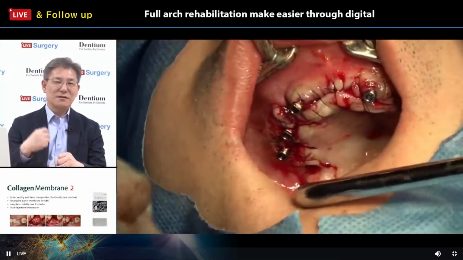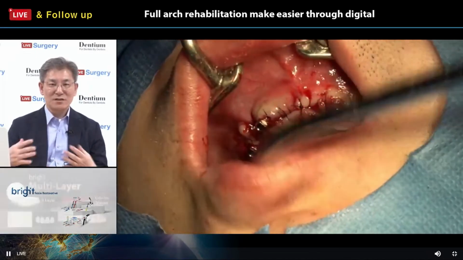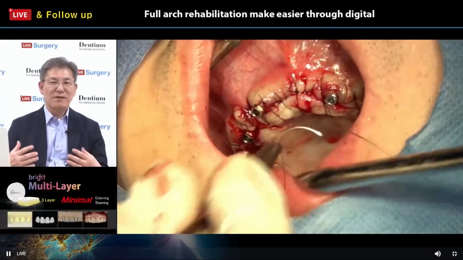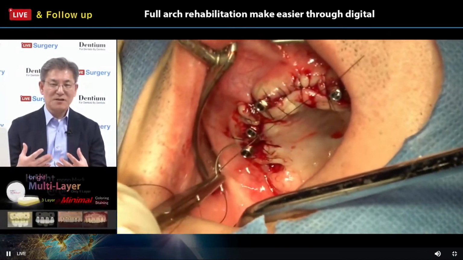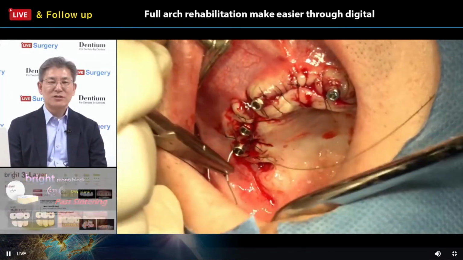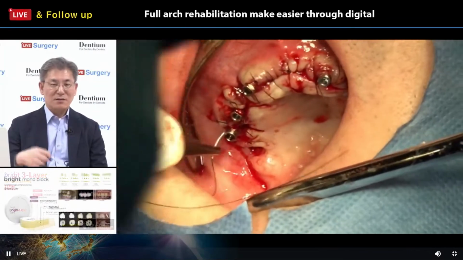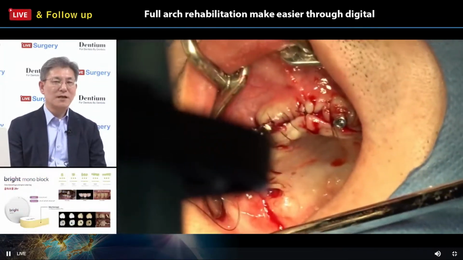And then the final result was achieved with the surgical stent. And at surgery time, we just adapt the surgical stent and drill with the protocol, right?